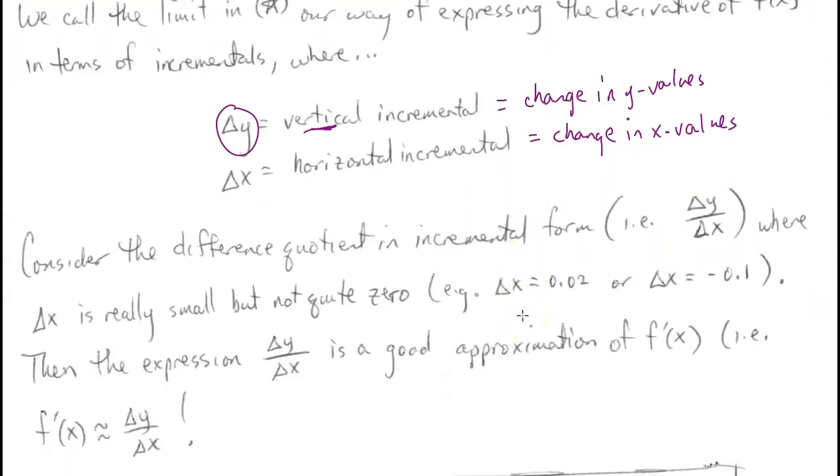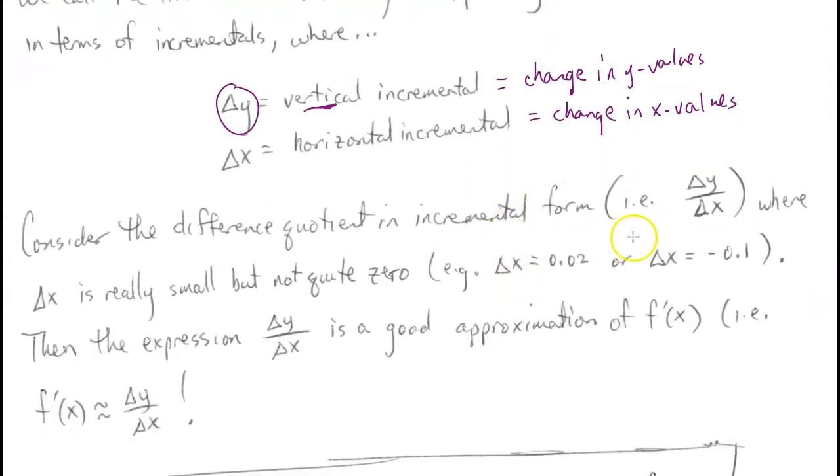Now, if we consider the difference quotient in incremental form, which is what we have here, where this delta x is really small, but not quite 0. So let's say we're estimating that the change in x values is going to be about 2/100ths of a unit.